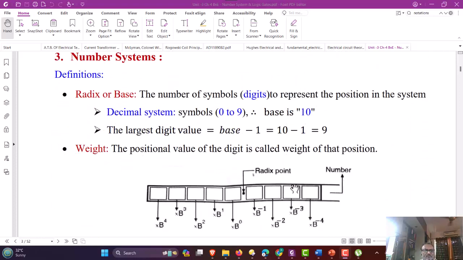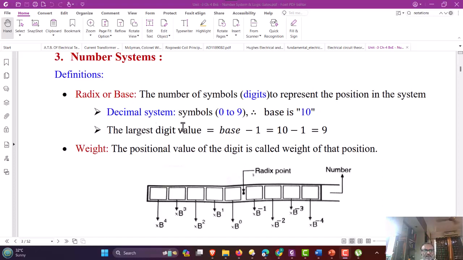Let us focus on the study of number systems. Number system have two important components: the base of the number system, also called radix, and the weight of the system, that is also called as positional weight. The base of the system is nothing but the number of symbols used to represent the various positions of digit in the system.